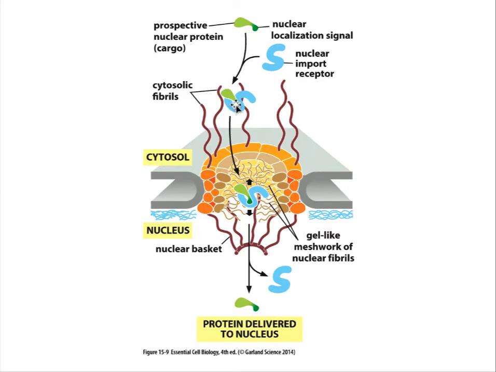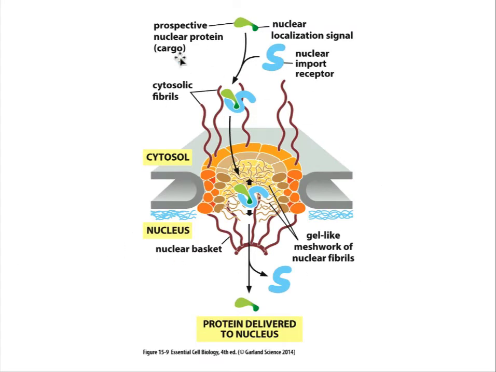And then it carries that protein through the nuclear pore by interacting with the nuclear fibrils. And the protein bounces around in a random fashion, believe it or not, until eventually it's forced to the other side. And once on the other side, it releases its cargo, and then that protein is recycled through the nuclear pore in a sophisticated manner.